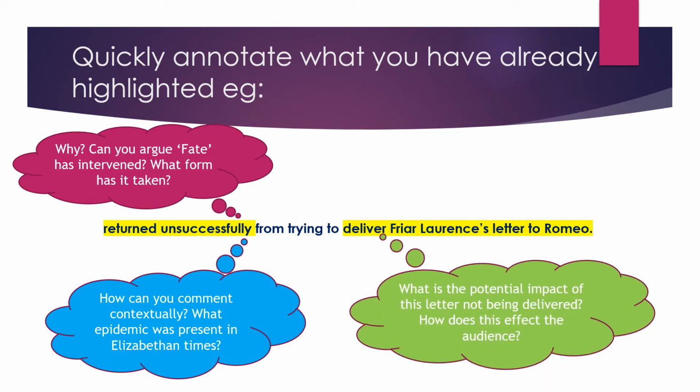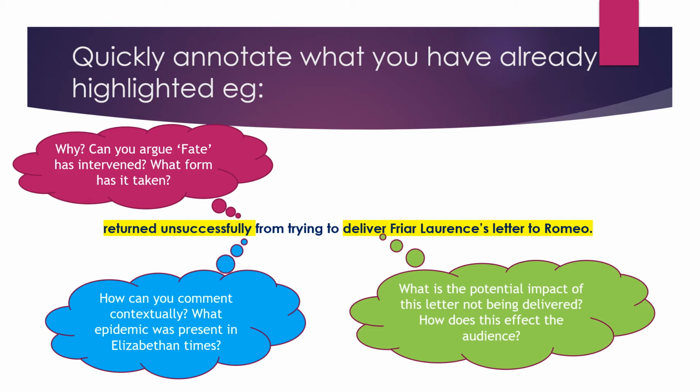And also, what's the potential impact of this letter not being delivered? Okay, so if you think about what that letter contains, it contains details of that extraordinary plan that Friar Lawrence has concocted.